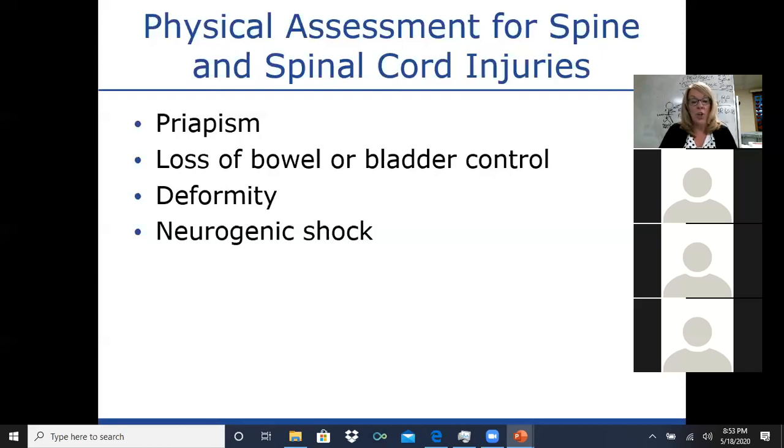Absolutely. What I need to know when I get to him and I see him like that is, is it compensated or decompensated? That is almost always my question when I walk up to a patient that I see significant mechanism for abdominal injuries, internal bleeding, or if I see external bleeding. The one thing I want to know is how bad is this bleeding and what has the body done right now?